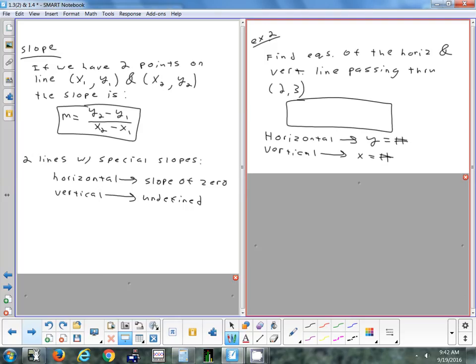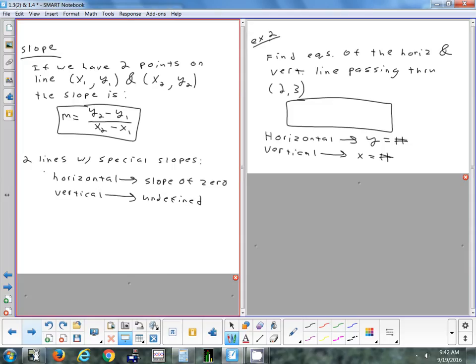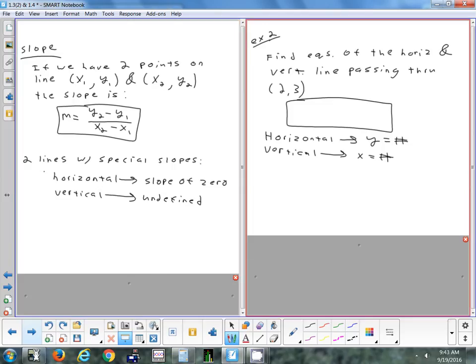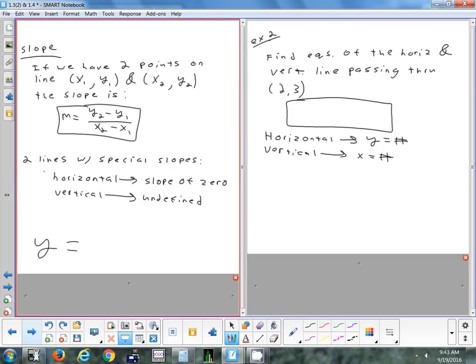Because horizontal and vertical lines are special cases with slope, they're also special cases when we write their equations. They're not quite y equals mx plus b. If you have a horizontal line, the equation is just y equals a number, like 2.